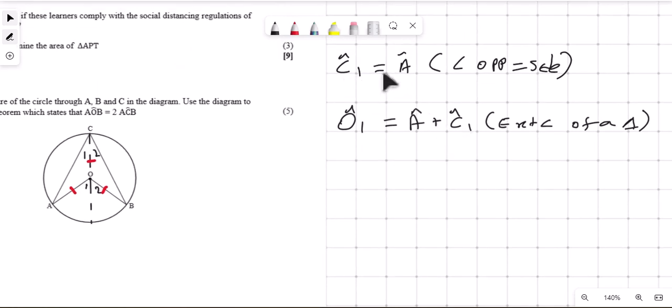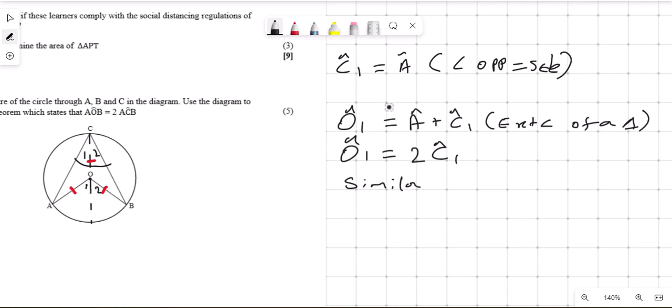angle C1, and C1 is equals to angle A. So because we're interested in this one, we are going to say angle O1 is equals to 2C1. Is that correct? Yes. Okay. Then we can say the same again about angle O2, or we say similarly about angle O2.